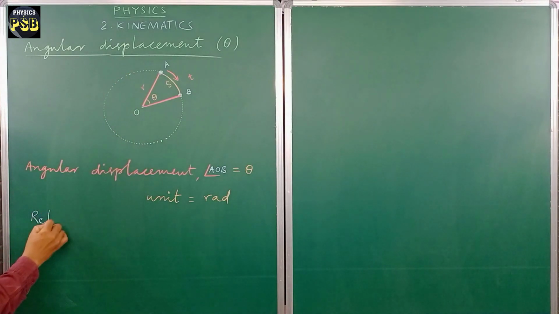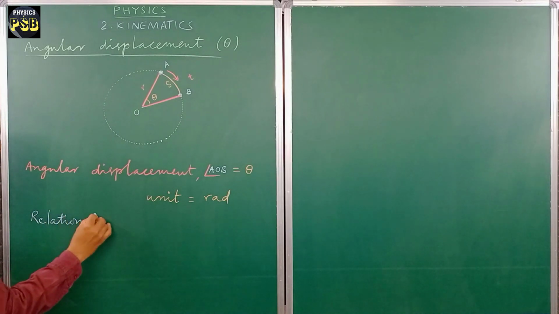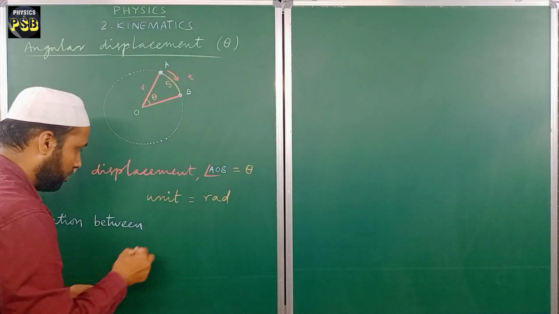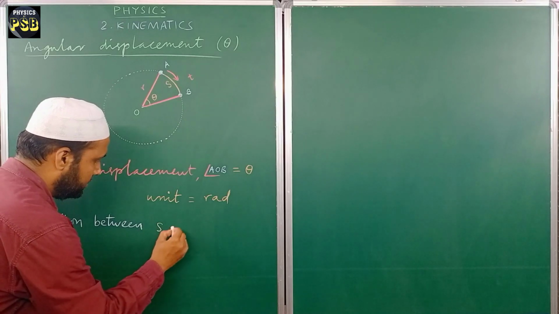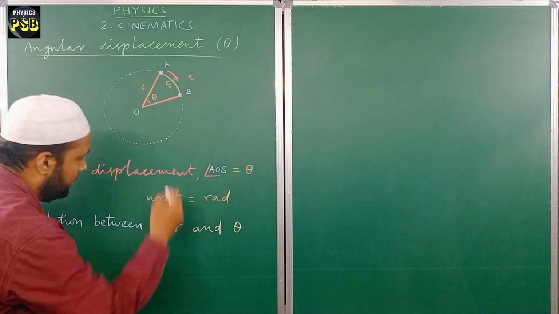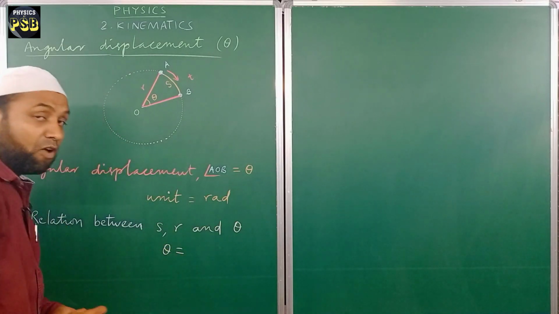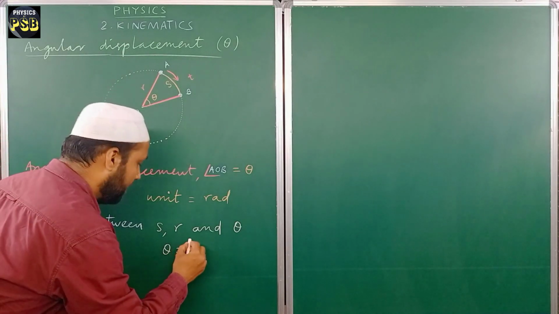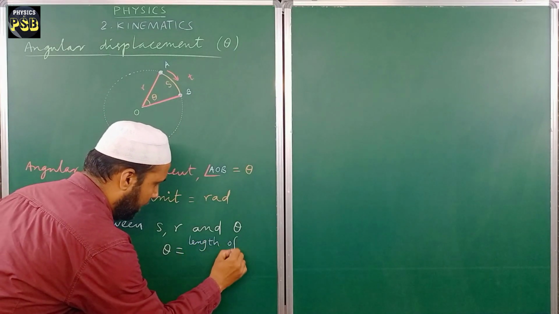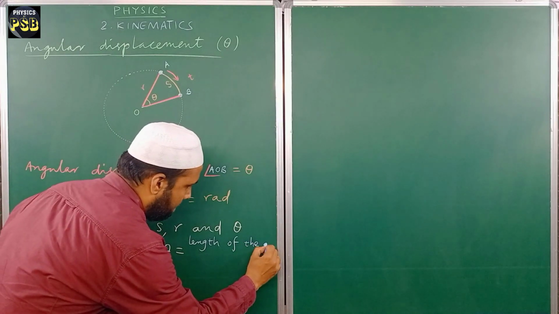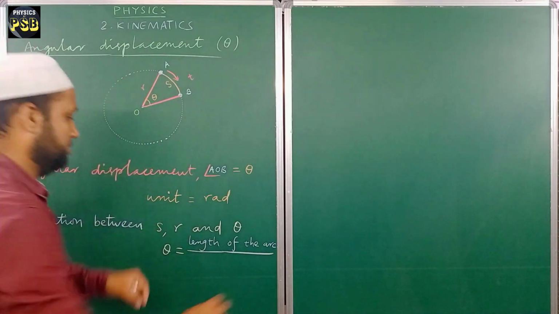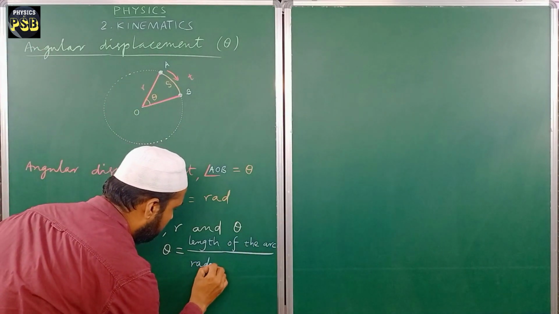The relation between S, R and theta: you see here, angular displacement theta is equal to length of the arc divided by the radius of the arc.